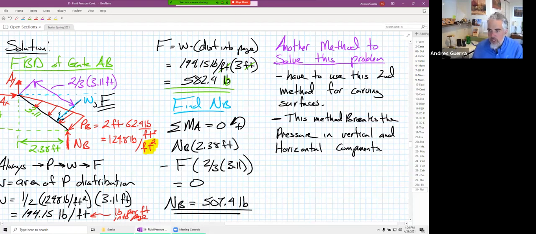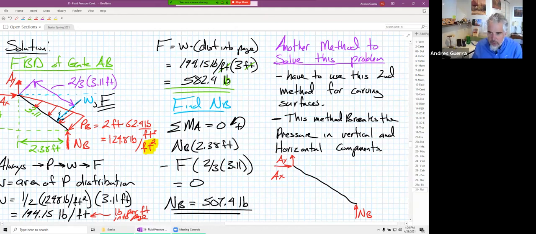So what we would do in this method, let's draw our gate again. There's our gate. We're going to have an AX and an AY, and then the normal force down here at B. Instead of taking the pressure just normal to the gate, let's break it into vertical and horizontal components.